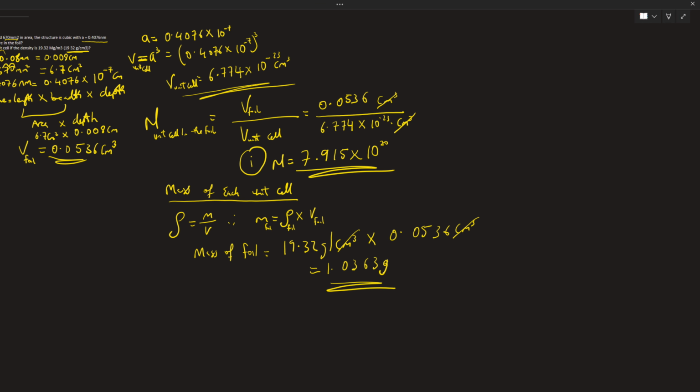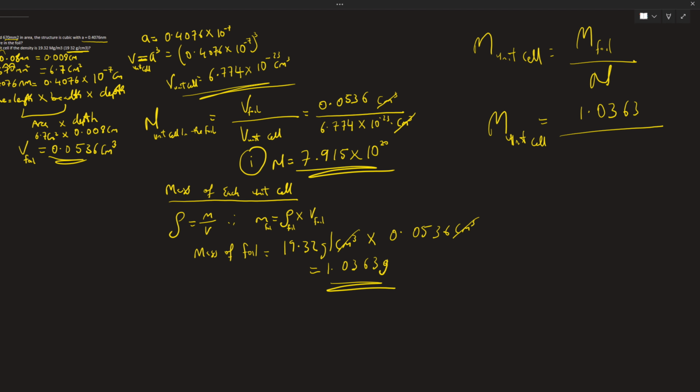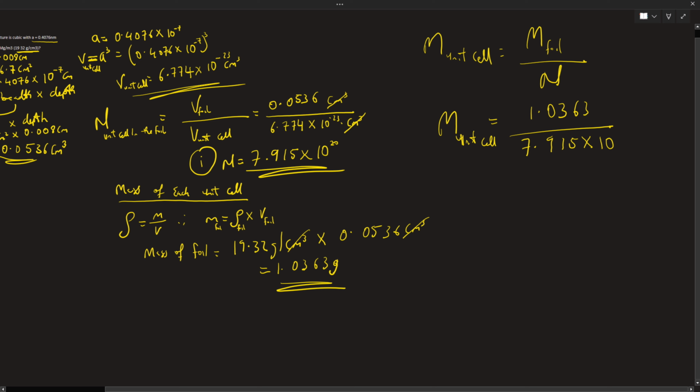So we have to look for the mass of each unit cell. Therefore, the mass of each unit cell is equal to the mass of foil over the number of unit cells in the foil. So our mass of unit cell is equal to 1.0363 over our number of unit cells, which is 7.915 times 10 raised to the power 20.